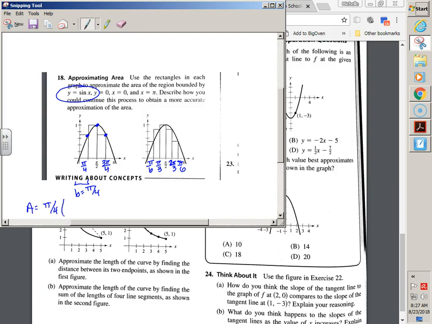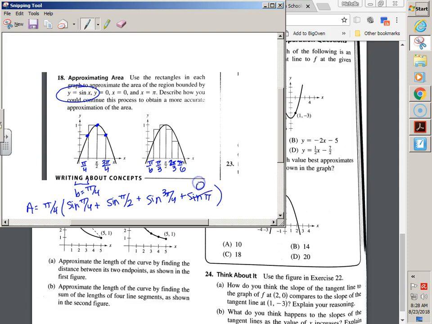But how do we get the heights? Well, we have to plug who into sine? Plug pi over 4 into sine. And for the next rectangle, we're going to have to plug in pi over 2 to sine. For the next rectangle, plug in 3 pi over 4 to sine. And then technically we do have one more space, but if we plug pi into sine, what ends up happening?